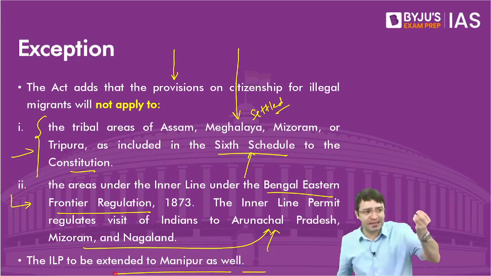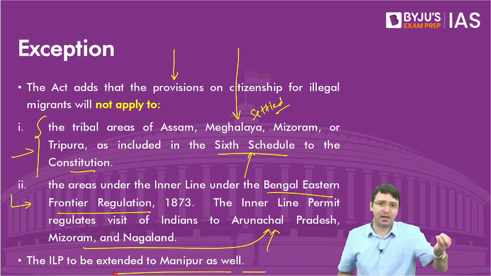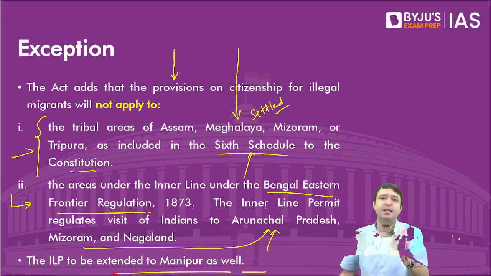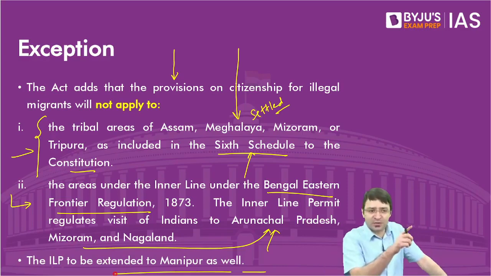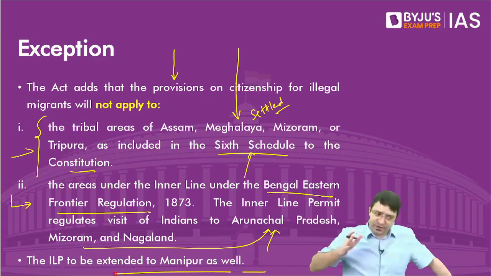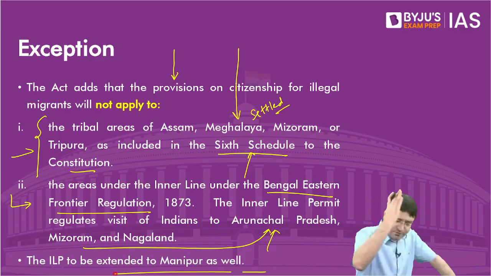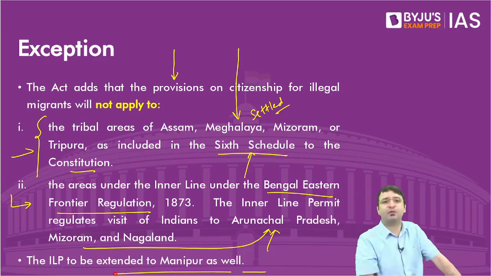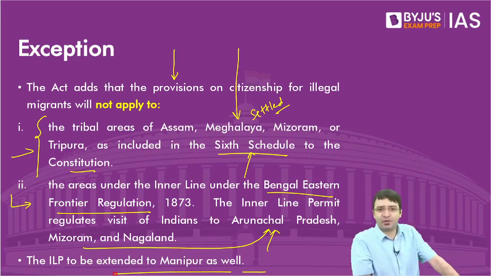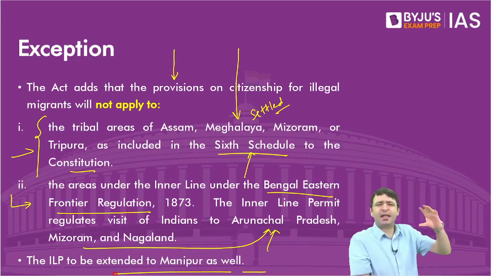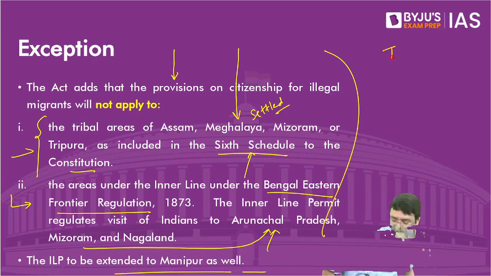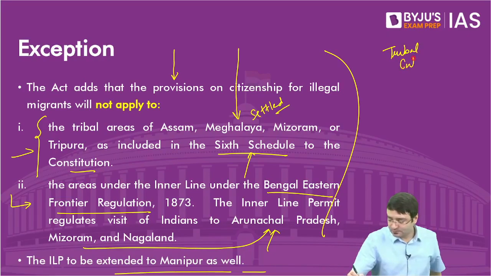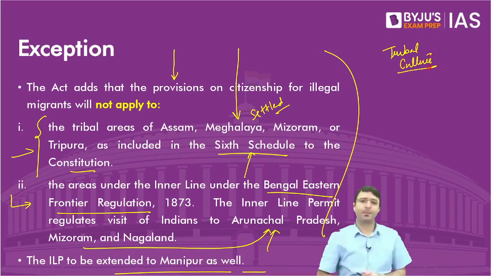So which means these illegal migrants from Pakistan, Afghanistan, Bangladesh, belonging to the 6 religious minorities, will not be made to settle in the tribal areas under 6th schedule, in those areas which are under inner line permit, which is Mizoram, which is Nagaland, which is Arunachal Pradesh, which is now Manipur as well. So Manipur also we will see inner line permit. That means these migrants will not be made to settle there. That means these migrants who will now be given citizenship of India, they can settle anywhere within the territory of India except these areas to protect tribal culture. Clear?